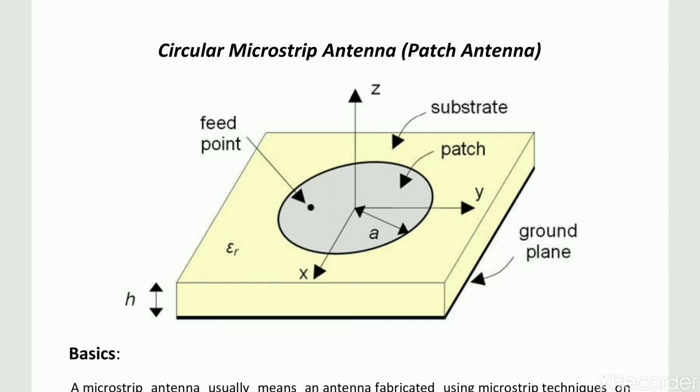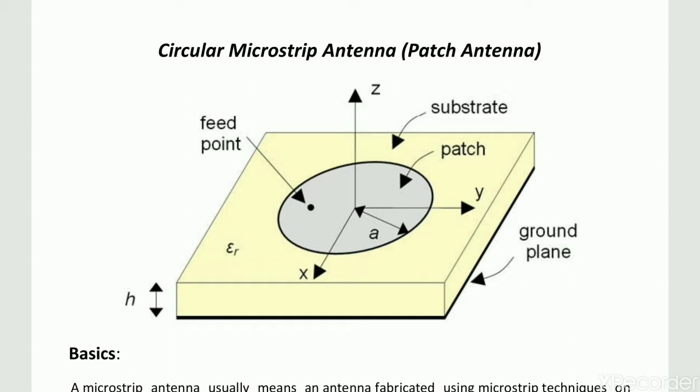It is mounted on the substrate. The height of the substrate is denoted by small h. Below the substrate there is a ground plane. Also there is a black dot, which is nothing but the feed point, which feeds the electromagnetic waves or the radio waves from the supply.